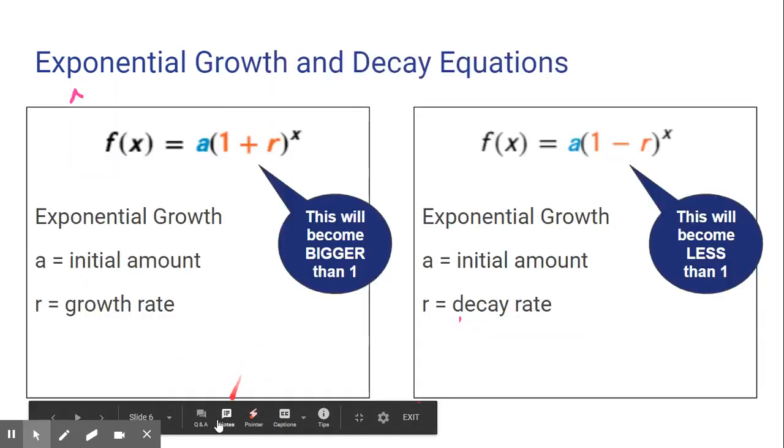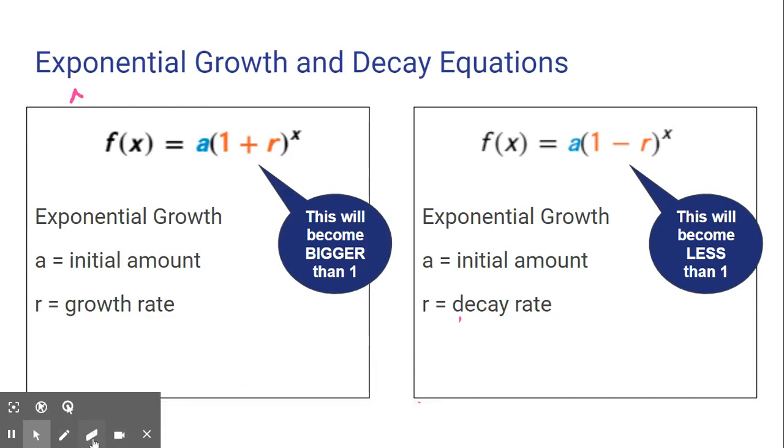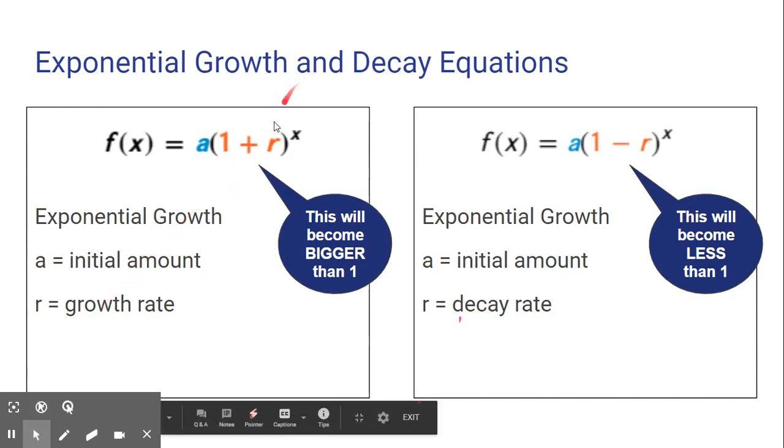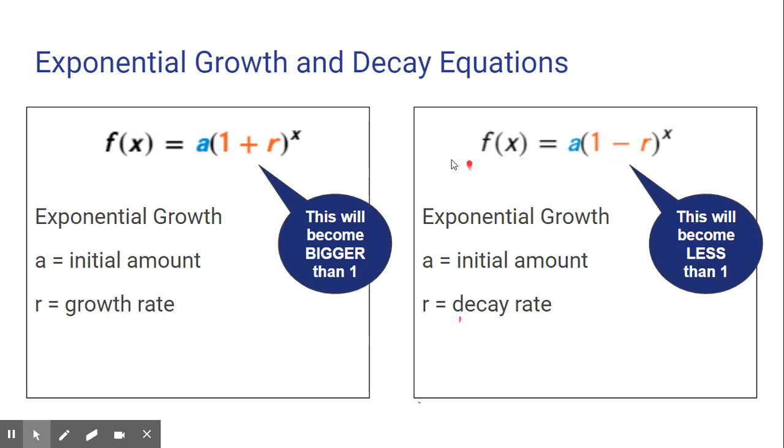Okay, so here are two exponential equations, one for growth and one for decay. So you'll notice that they're very similar, except for a plus sign for growth and a minus sign for decay. Other than that, both functions are identical. The a value represents our initial amount.